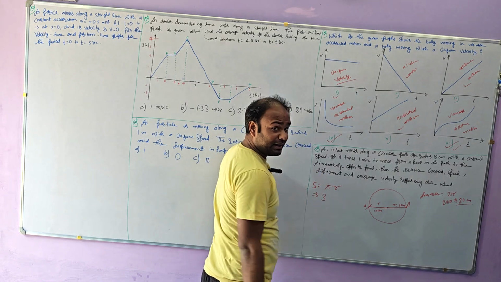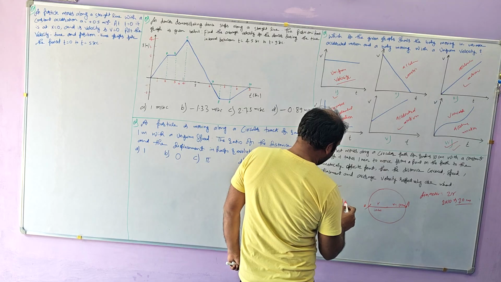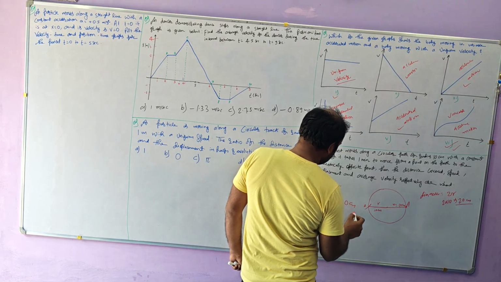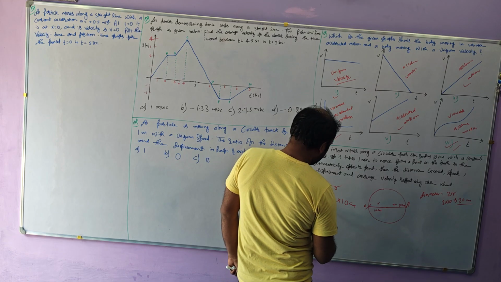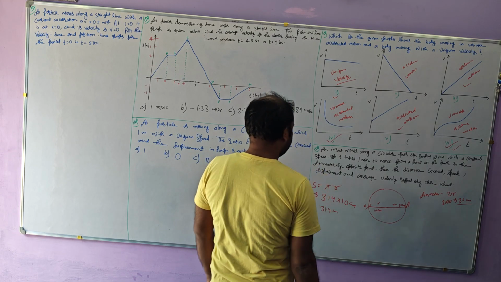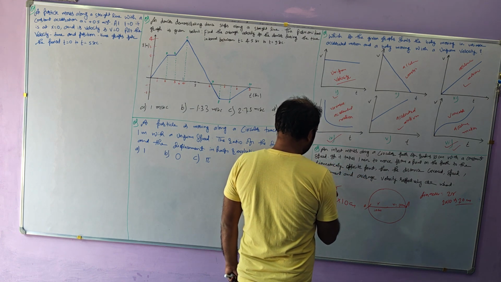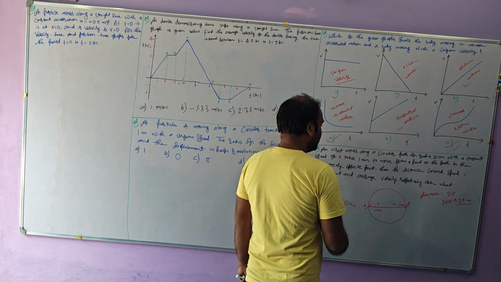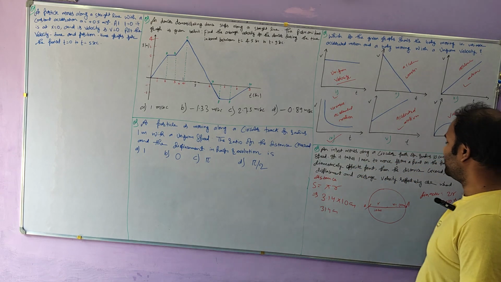We know pi is equal to 3.14, into 10 centimeter. That becomes 31.4 centimeter distance. That is our distance covered.